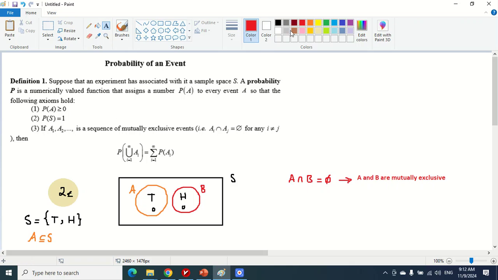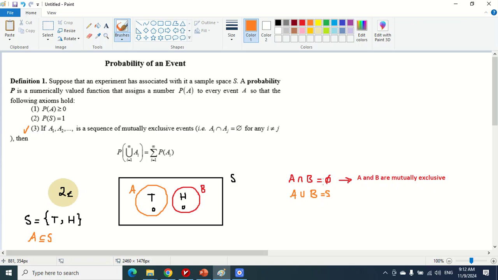So based on the third axiom that I have over here, if A and B are mutually exclusive, and also we have the union of them, A union B, as you can see, the union of these two sets is equal to the sample space.